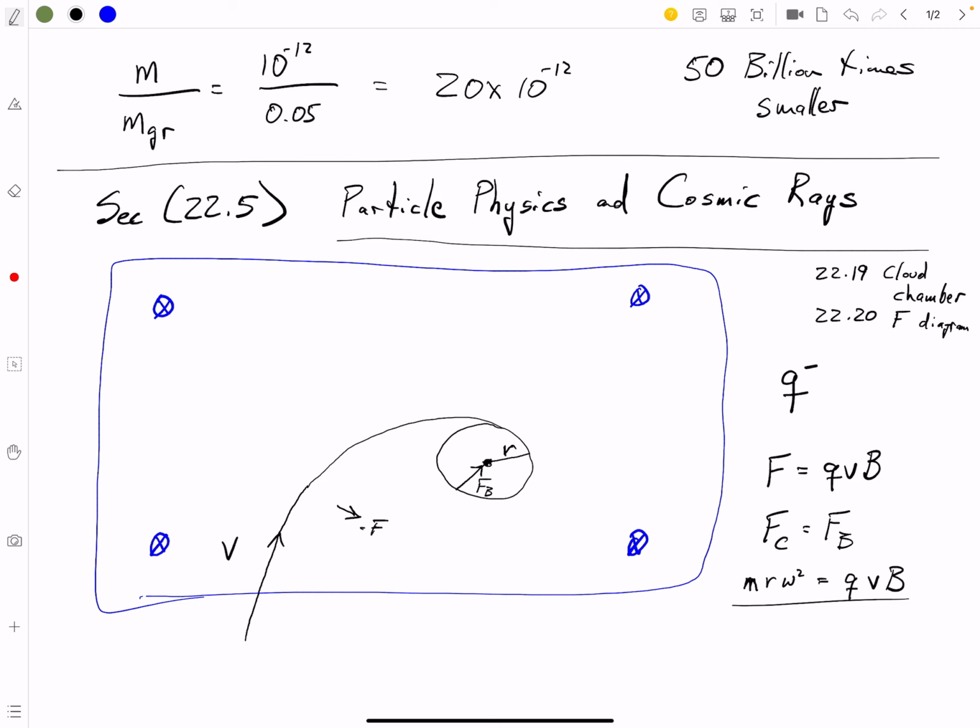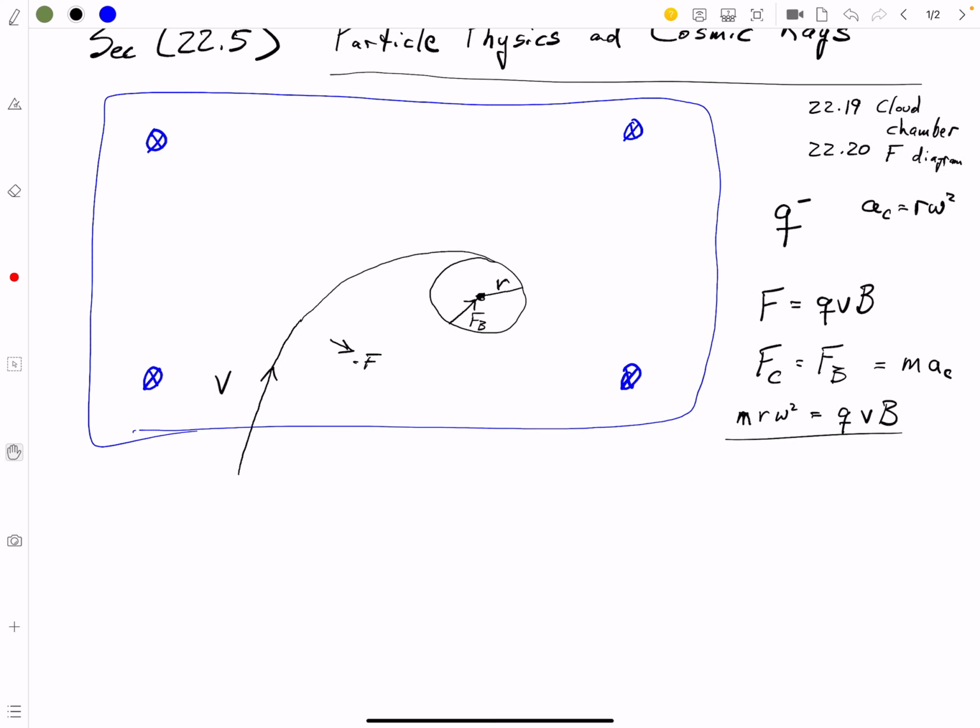So good. Now, I'm just going to write m AC, and hopefully you remember that AC is equal to r omega squared. All right, let's say we want to know what the radius of this circle is.